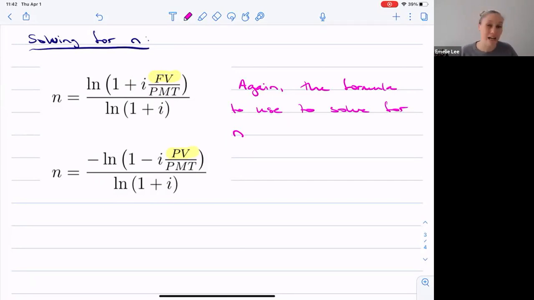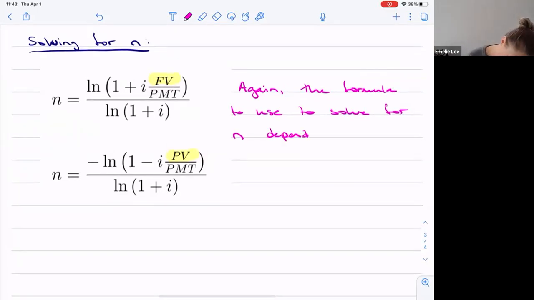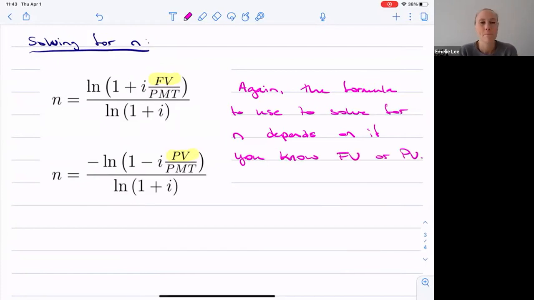So I hope not. So again, the formula to use to solve for n depends on if you know the future value or the present value. FV or PV. Okay.